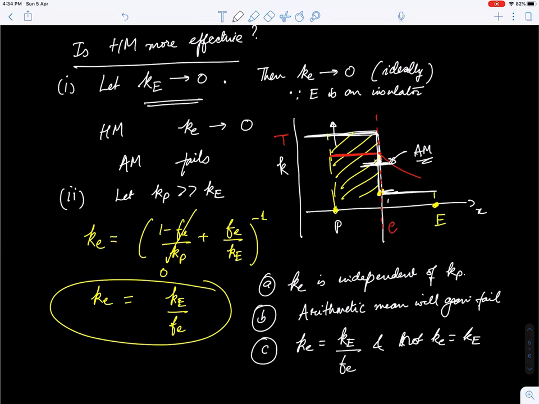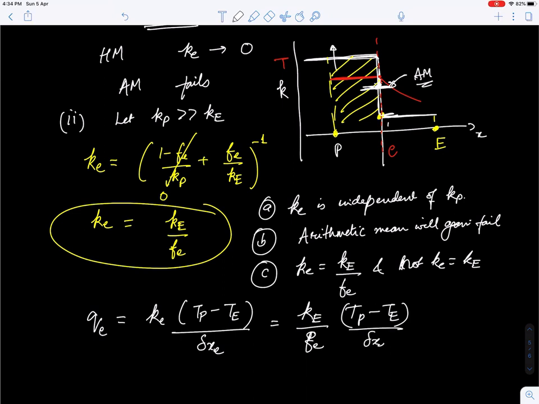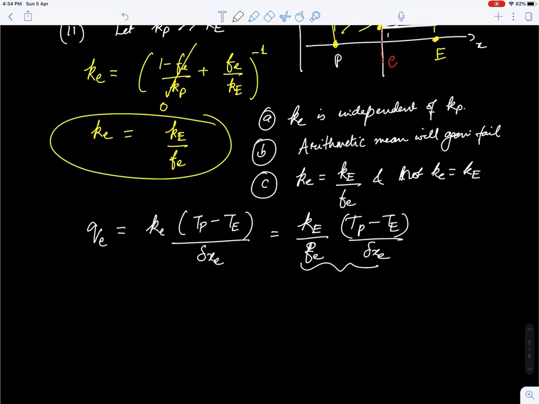Now how do we explain this? This can be understood if I look at the flux again. The flux qe, which is Ke into Tp minus Te by delta xe, should be equal to, because Ke becomes capital KE by Fe, KE by Fe into Tp minus Te by delta xe.